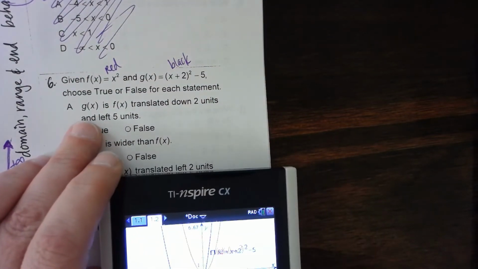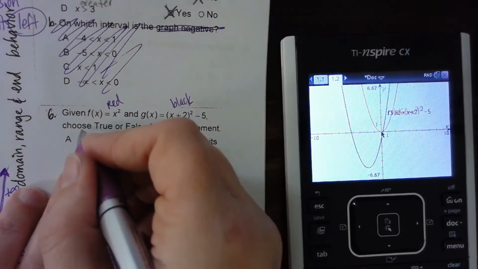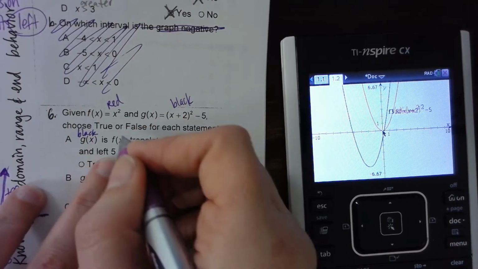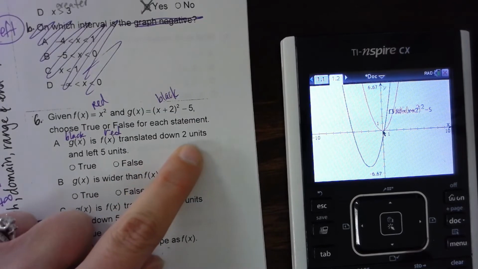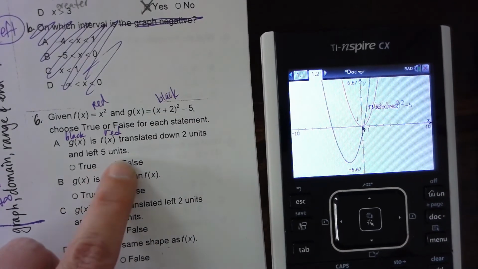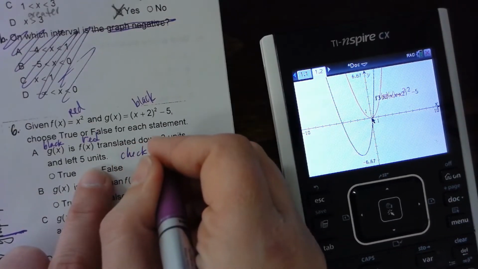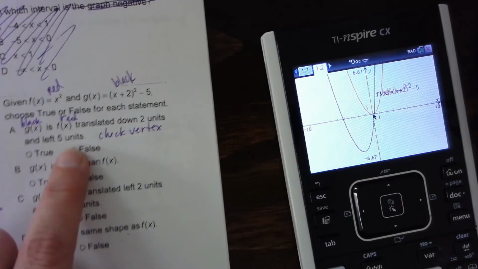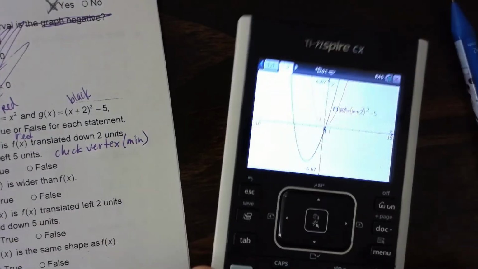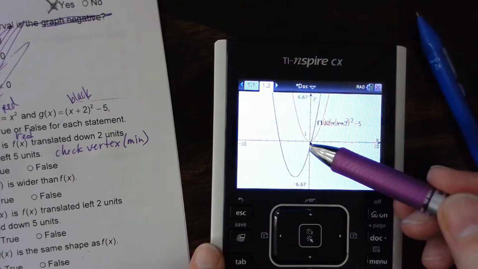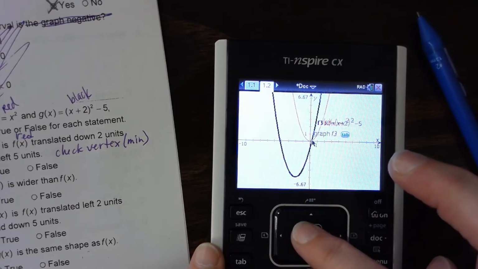It says, is this true or false? g of x is the black one, so the black line is the red line translated down 2 units and 5 units to the left. We're going to check the vertex, the minimum in this case at the bottom. Right here where my arrow is, that's the vertex of the original.